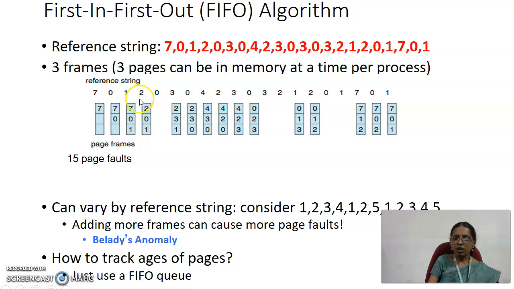When you refer to page 2, the CPU wants to execute page 2, but page 2 is not in the main memory. So this is a page fault. Initially 7 was not in the main memory, so that was a page fault, 0 was not in the main memory, so page fault, and 1 was also not in memory, so page fault. Now 2 is also not in the main memory, so this is also a page fault.